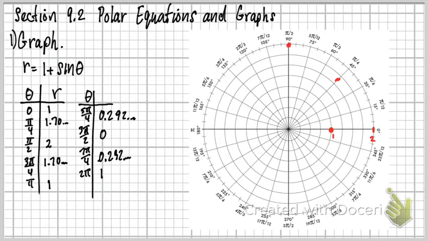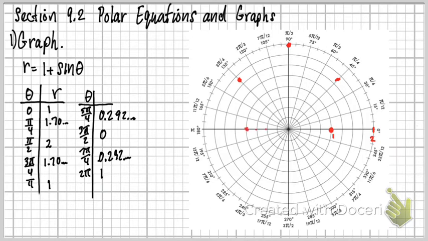And then the next one is going to be 3 pi fourths, and that's going to be 1.7 again, so it'll be right there. Okay, and then at pi, it's going to be 1. Okay, so that'll be 1, 2, 3, 4, so it'll be there.